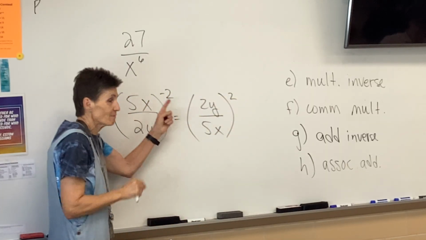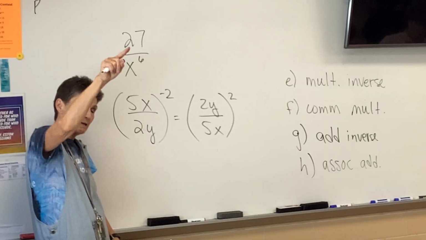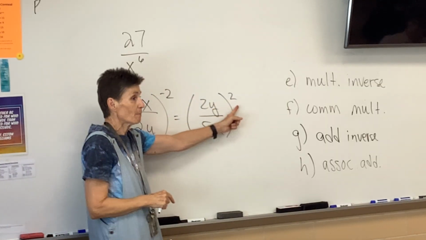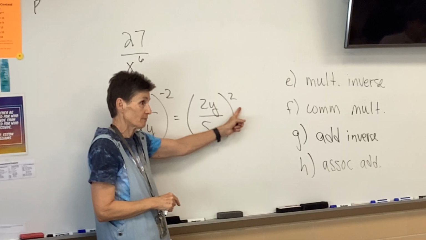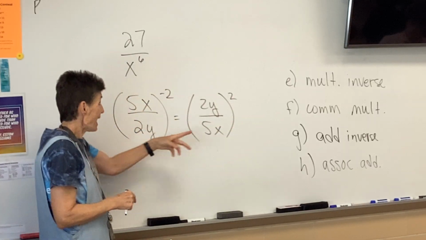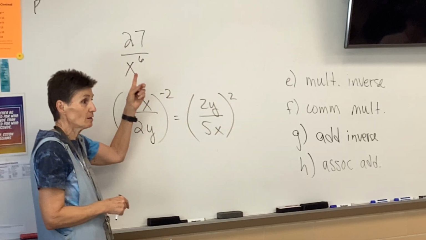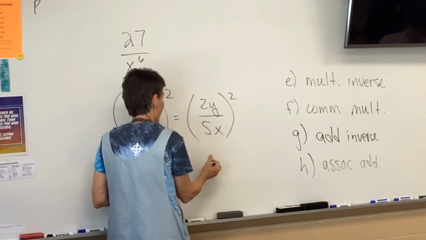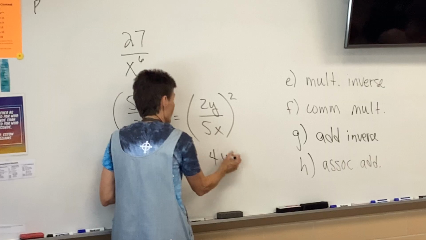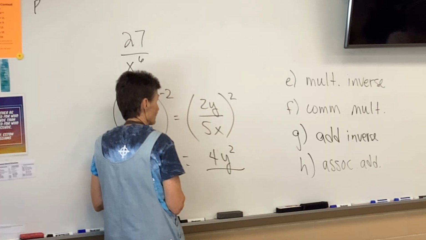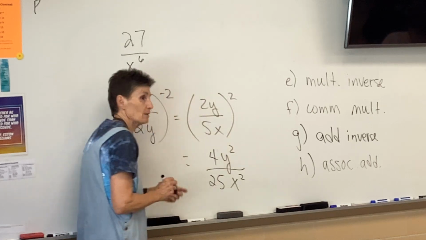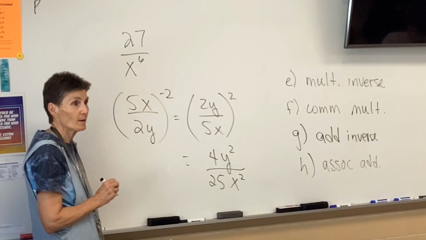So when you have a fraction to a negative power, you're going to flip the fraction. And then the power just becomes positive. All right? Now we'll do what Charlie did up here. We'll just square everything. So we'll have 4y squared over 25 x squared. How does that look to everybody? Look okay?